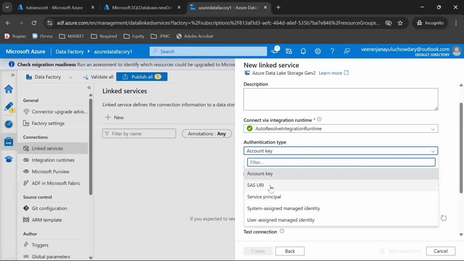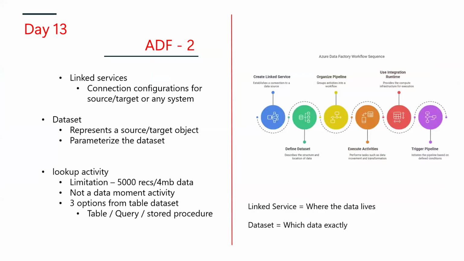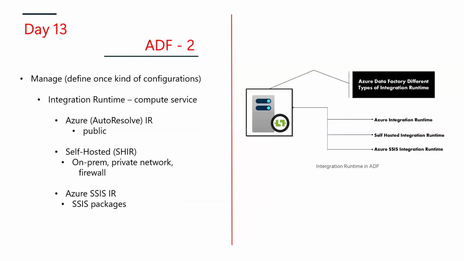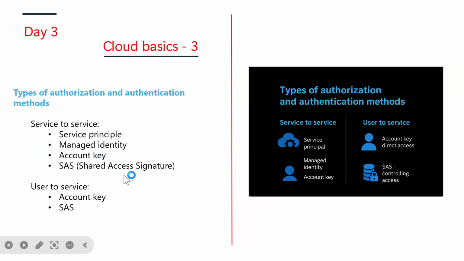So apart from account key and SAS key, we have discussed two more. In the first discussion of our Azure, we discussed there are four ways of authentication that you can do. One is SAS, account key, and then managed identity and service principal. Okay.